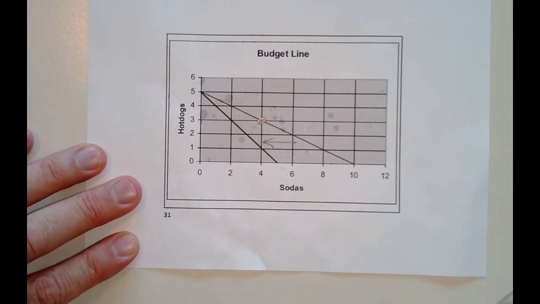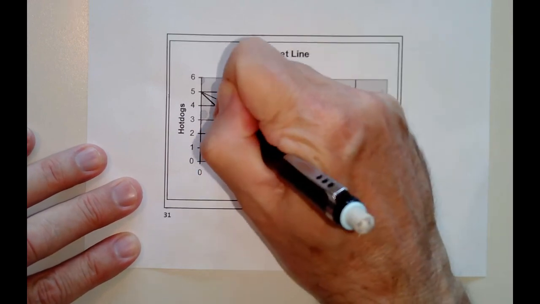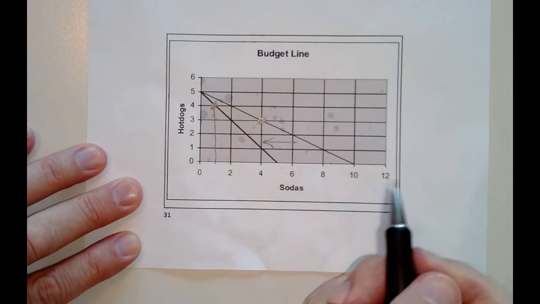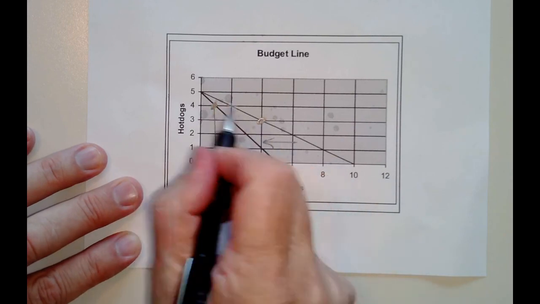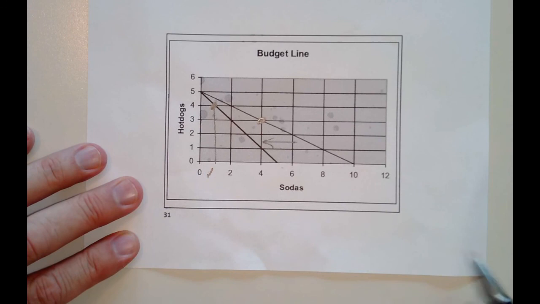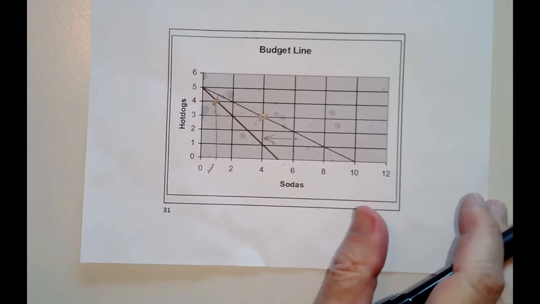And now the best combination is 1 soda and 4 hot dogs. It should be right here. And so we've gone from this point to that point on the different budget constraint, budget line. And now we're buying 1 soda and 4 hot dogs. And that's how the budget line is used to maximize the total utility.